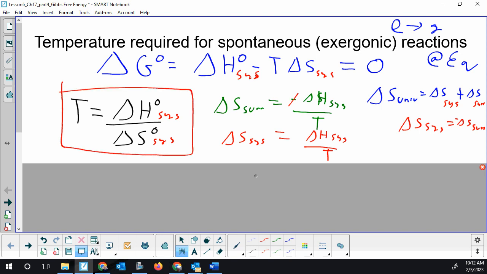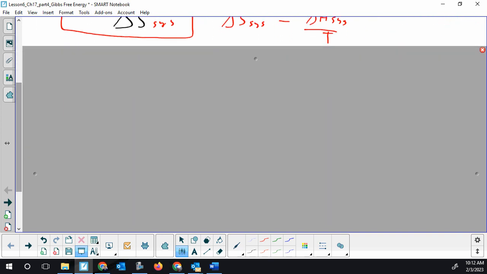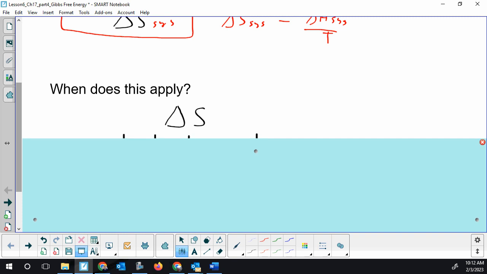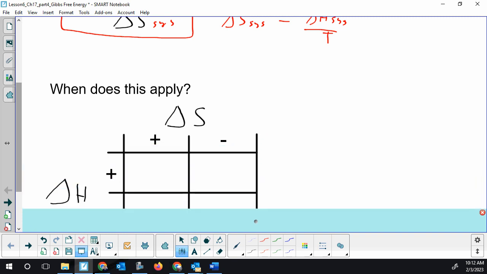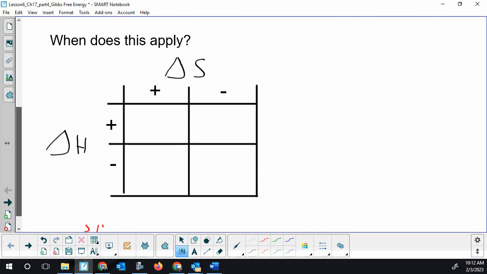So let's retake a look at those 4 situations and dive a little deeper and solve for temperature, not just when it's spontaneous. This is what we worked off yesterday.